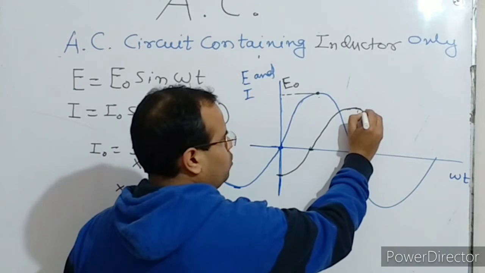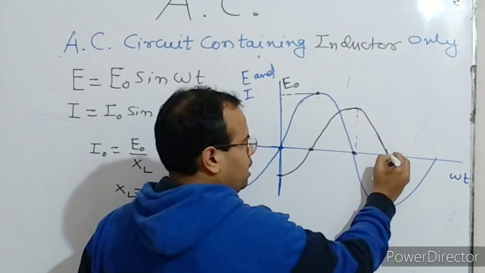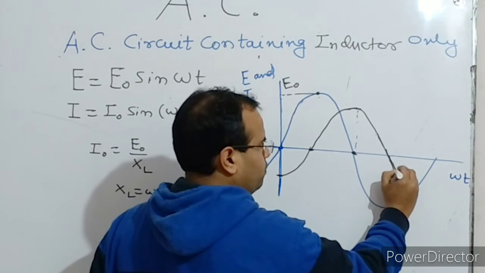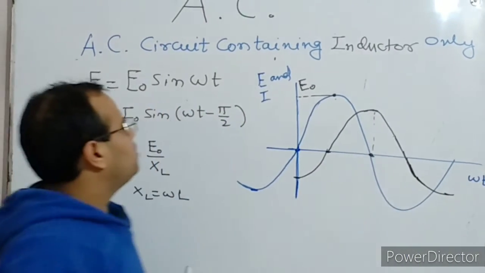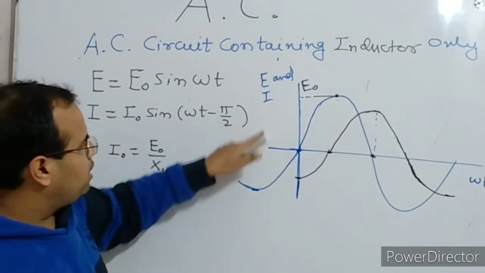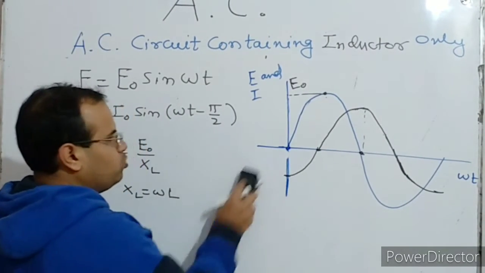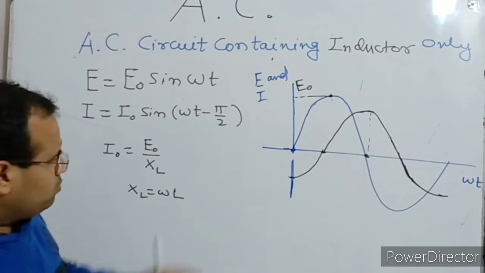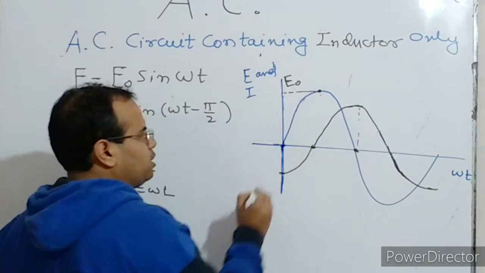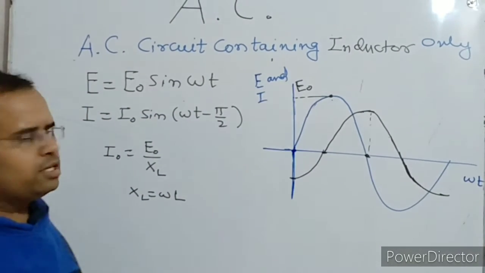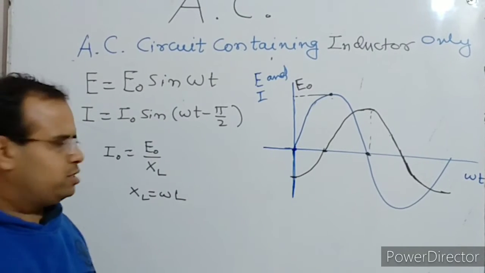Like this it goes, and then at last its value is this. So this is how you can represent the E and I graph. This we don't need to plot again. Graphically we can represent them like this.